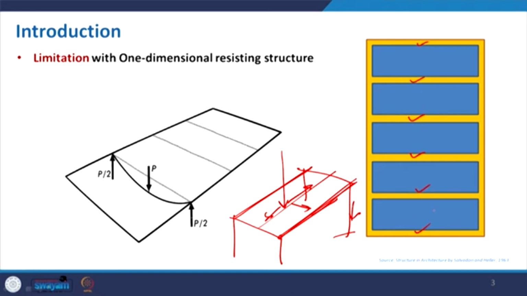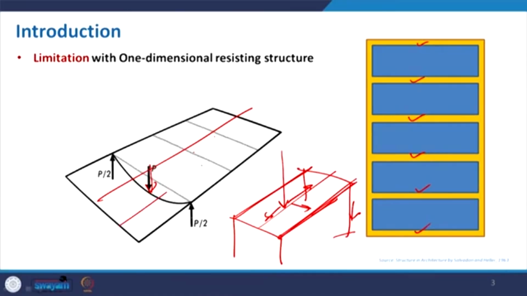But the problem with the one dimensional arrangement is that whenever you give a point load, the corresponding beam will get more deflection and there is not much deflection in the other parallel beams. That is why sometimes this will not act very efficiently, or we have to restrict ourselves to reduce the span of the room.